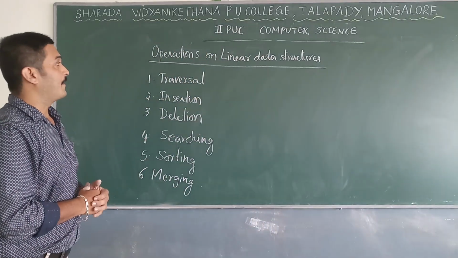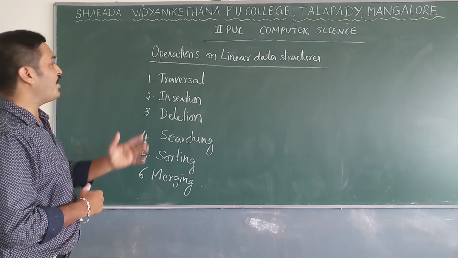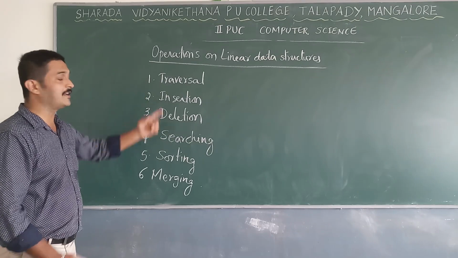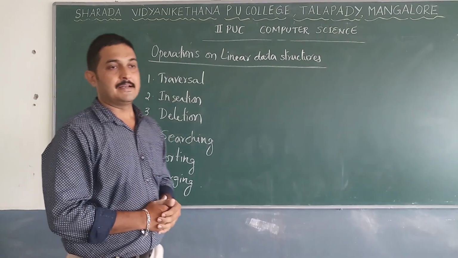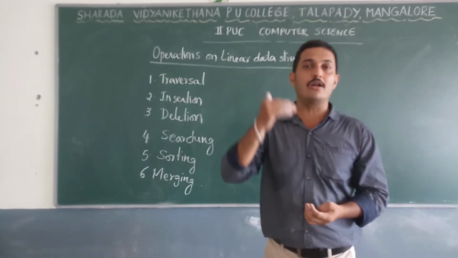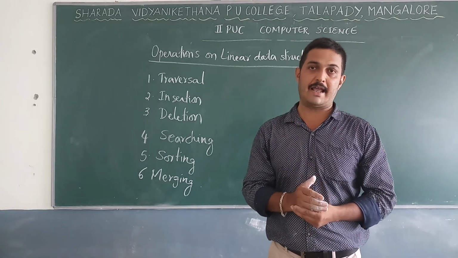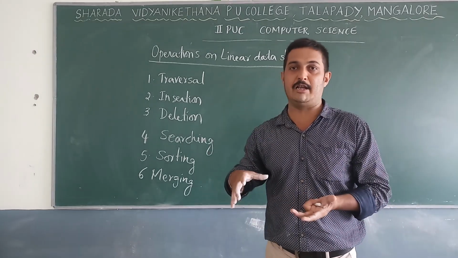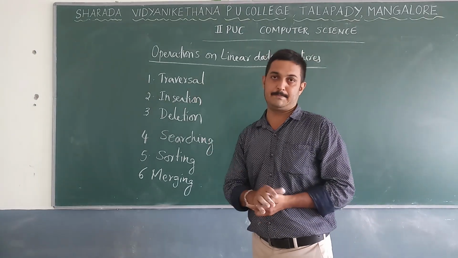In this linear data structure there are many operations. The first one is traversal. Traversal means visiting all the elements or all the nodes exactly once, going through all the elements.